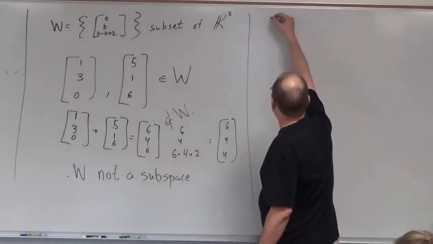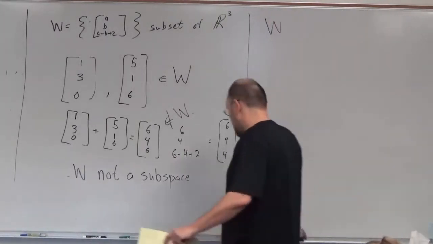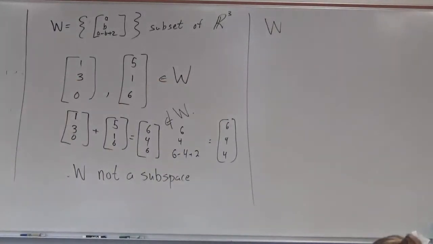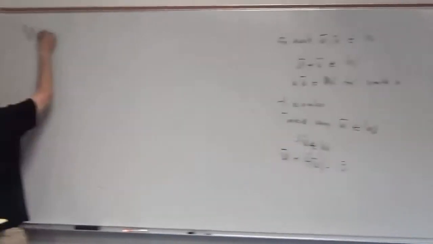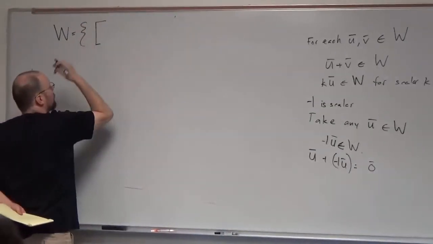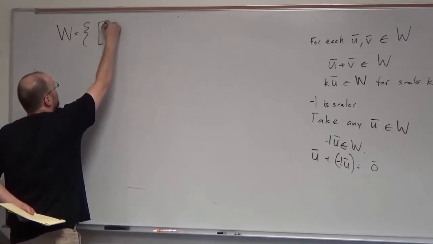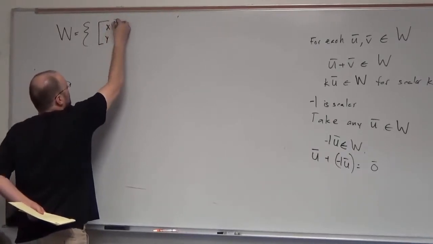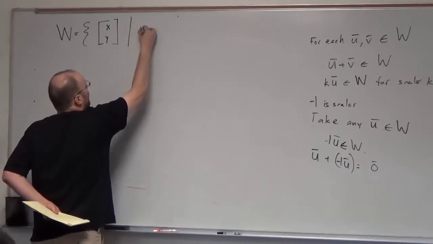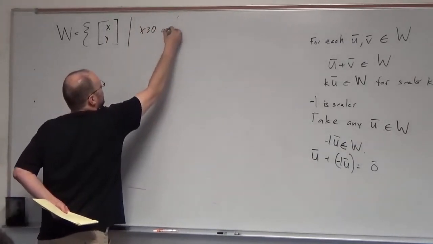Okay, let's consider, let me go over there. So here's an example of something which will be closed under addition but not scaling. So this is a set of all elements in R2 such that X and Y are both positive or non-negative.